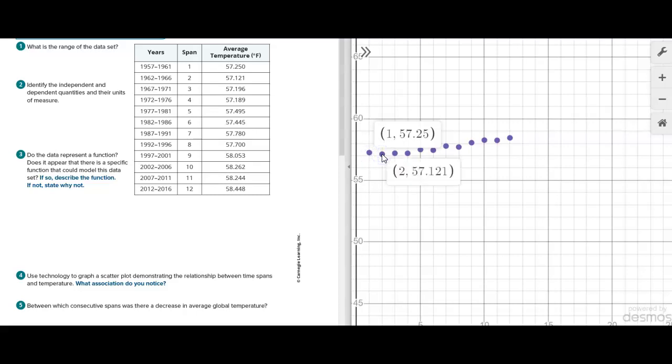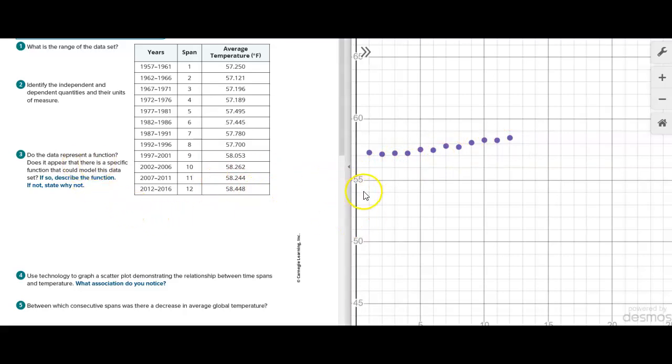This is the point for span 2. 57.121 is 57 and 121 thousandths. So you have all your points for span 1, span 2, span 3, all the way up to 12. And so here's the data. You'll need to put this graph on the next page by hand.